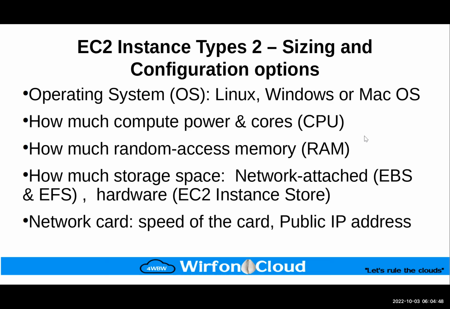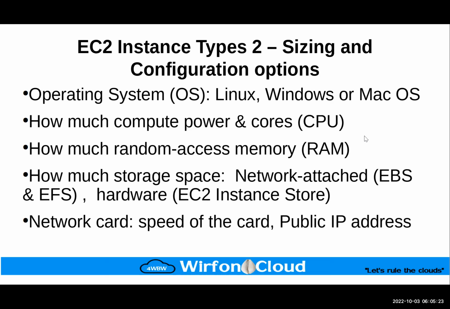You could have network attached storage like Elastic Block Store, or Elastic File System. You also have the EC2 instance store that comes with your EC2. Depending on what you need, you could choose the network card, its speed, and whether you need public or private IP addressing.